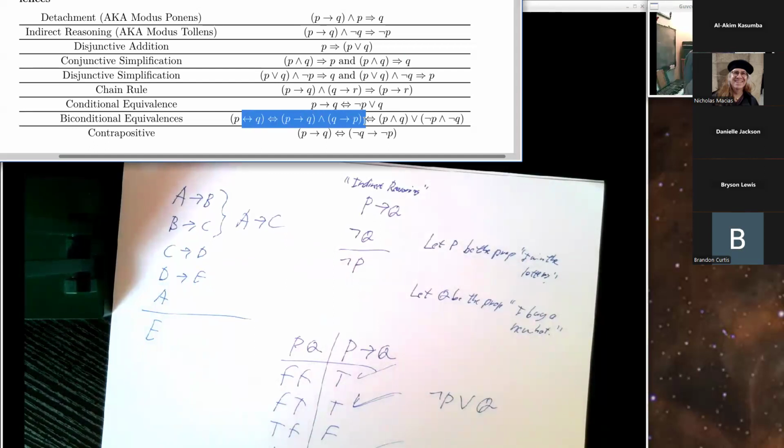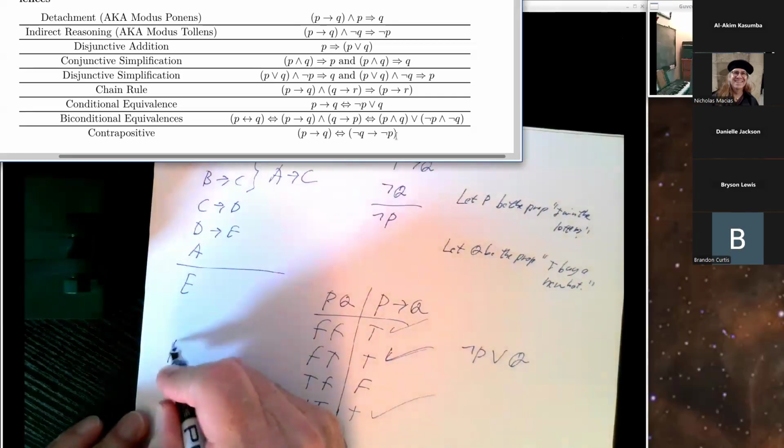Biconditional equivalence, this was our definition of that double-headed arrow. P if and only if Q means if P then Q, and if Q then P. And then contrapositive is this observation. Remember when we talked about P implies Q?